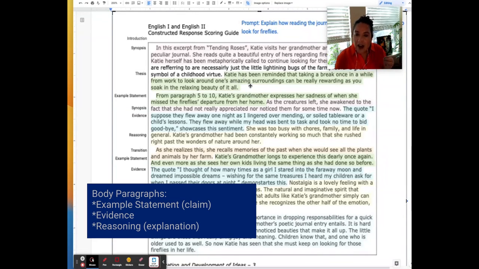And to have clarity in the body paragraphs, it's supportive to have topic sentences or example statements that support that thesis. So, in a manner of speaking, these example statements that you're seeing at the top, here's one here, and then here's one here in the body paragraphs, are serving as the overarching essay's claims, like the CER component within a body paragraph.